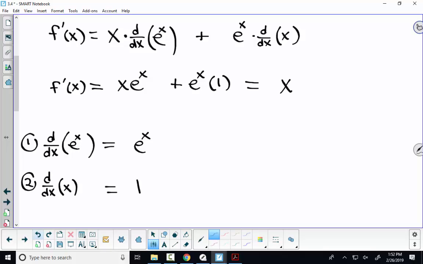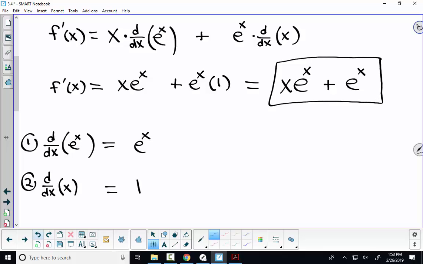So we have our derivative: x e to the x plus e to the x. Do y'all have any questions on this?